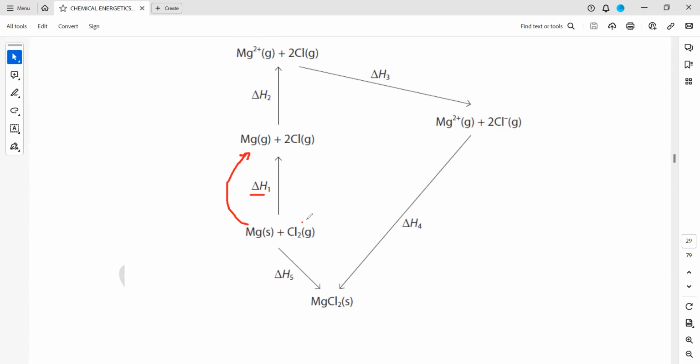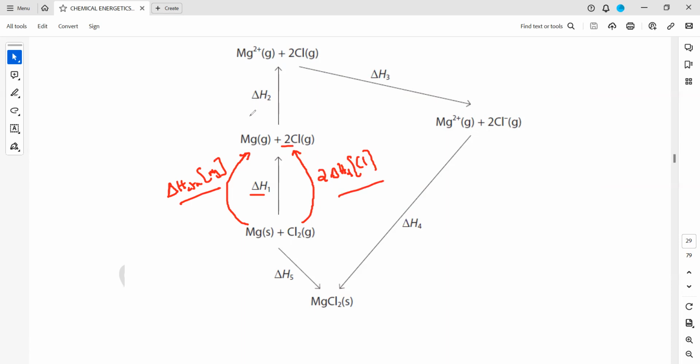And here we convert a chlorine molecule to two chlorine atoms. So this is twice the atomization of chlorine. Why twice? Because two atoms are produced. So delta H1 is a sum of the atomization of magnesium plus twice the atomization of chlorine.